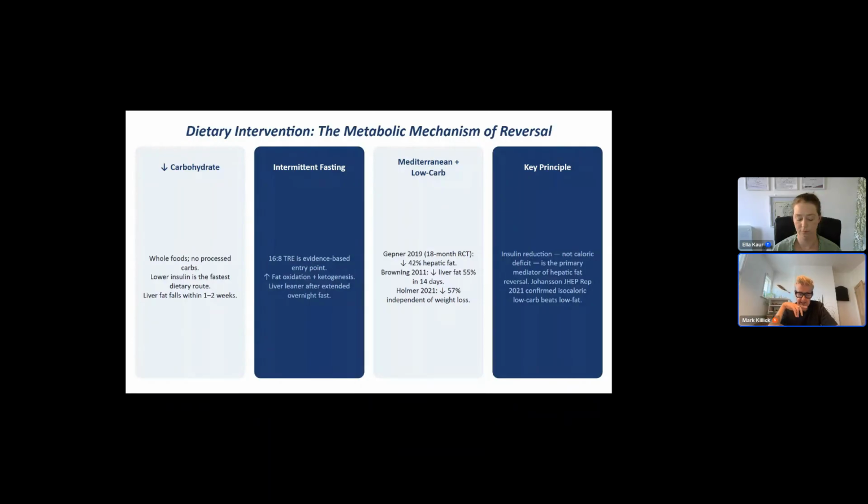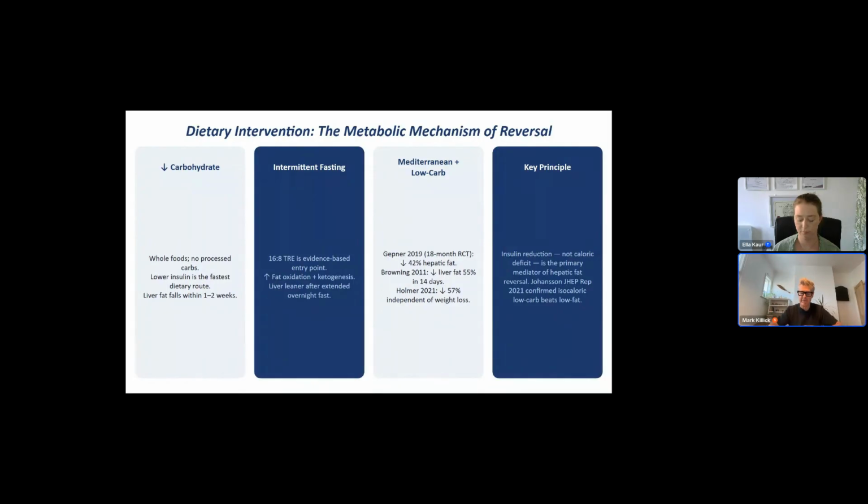We can actually see reductions in liver fat very, very quickly if we take away the carbohydrate. If we reduce carbohydrate, it reduces post-meal insulin peaks, and lower insulin means we have less de novo lipogenesis, less suppression of the very low density lipoprotein export, and also less fat cell overflow.